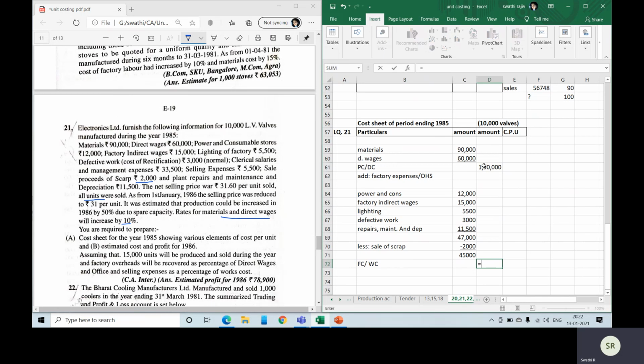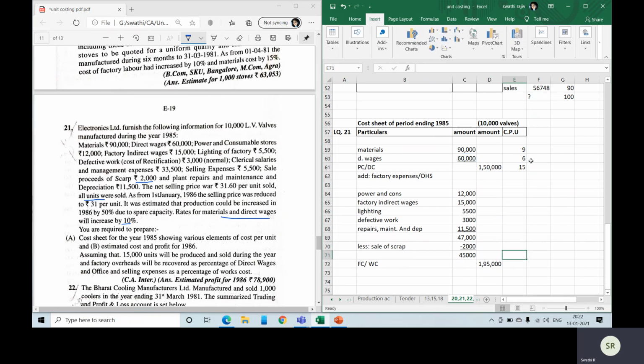1,50,000 plus 45,000, which is 1,95,000. Now, before I go to the next one, we also have to find out cost per unit. This is something I did not do. Please do it with each and every step. This becomes very easy, how? Because we are producing 10,000 units, this is more or less simple.